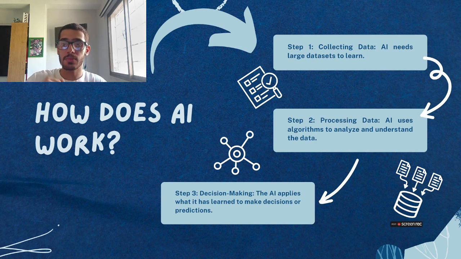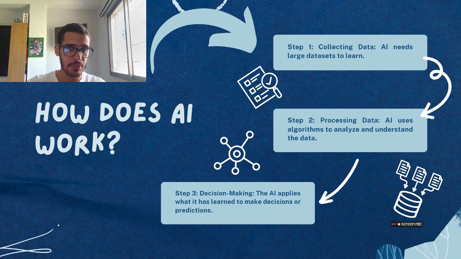The second step is processing data. AI uses algorithms to analyze and understand the data. It's very simple, the set of steps that it uses to process and give out an answer.